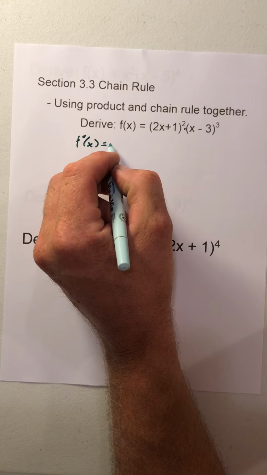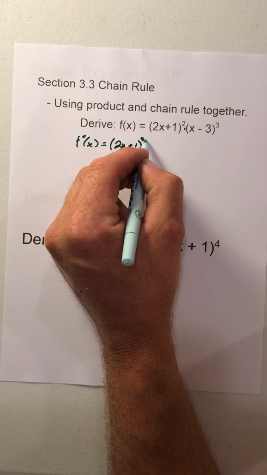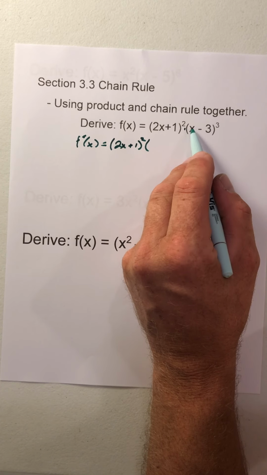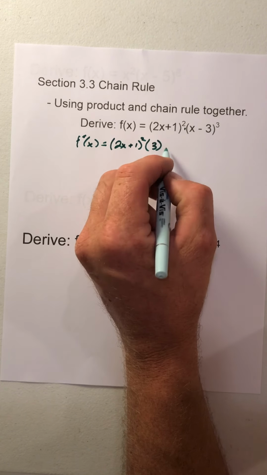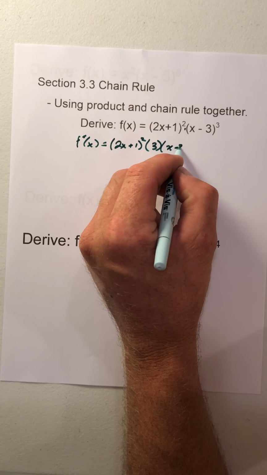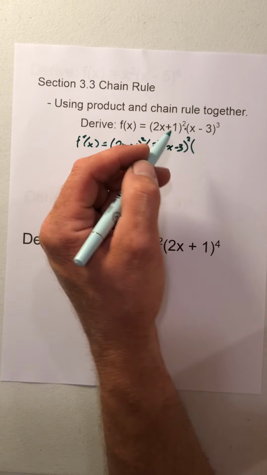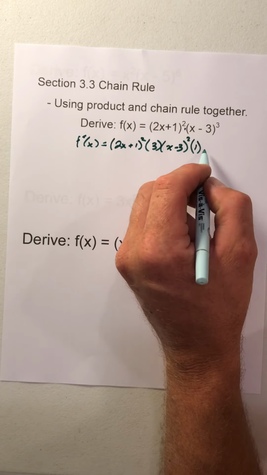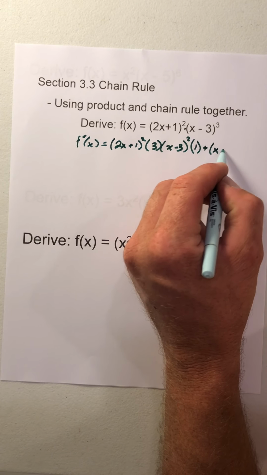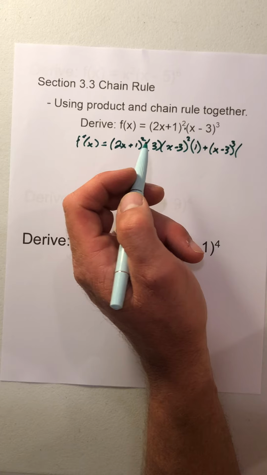So what's our product rule tell us? The product rule tells us the first times the derivative of the second. So derivative of x minus 3 to the third. We're going to bring the 3 to the front, x minus 3 to the second. That stays the same, decrease the exponent by 1, times the derivative of the inside. To that, we're going to add the second, x minus 3 to the third, times the derivative of 2x plus 1 squared.